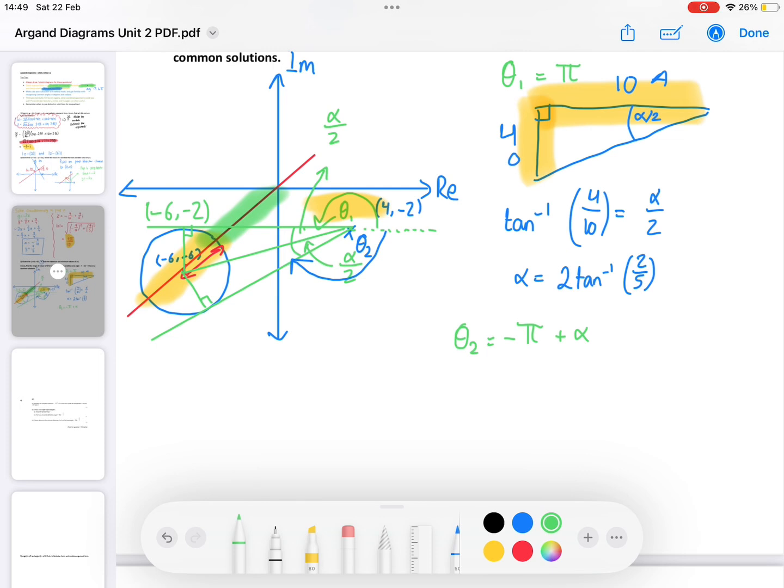That's why I've started with minus pi, but then we've added on this bit again here. So θ2 is minus pi plus alpha, and that's the other extreme value of theta in this case.